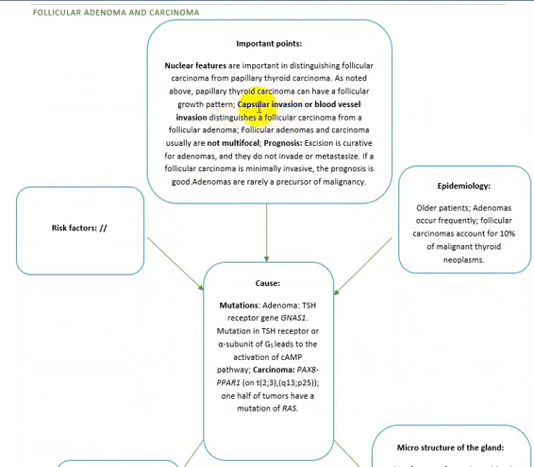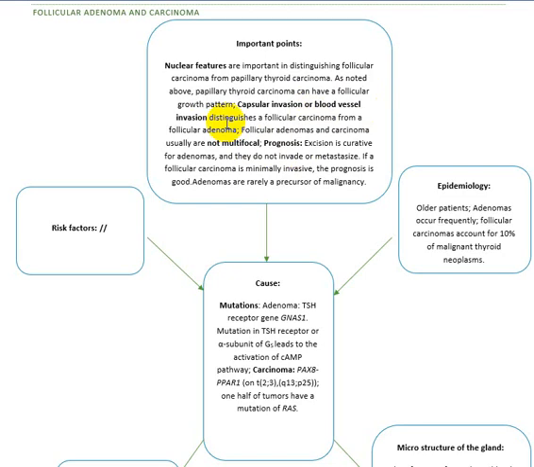Capsular invasion or blood vessel invasion distinguishes follicular carcinoma from follicular adenoma. With follicular carcinoma, you have capsular invasion; you see that the blood vessels are going to enter the involved tissue.